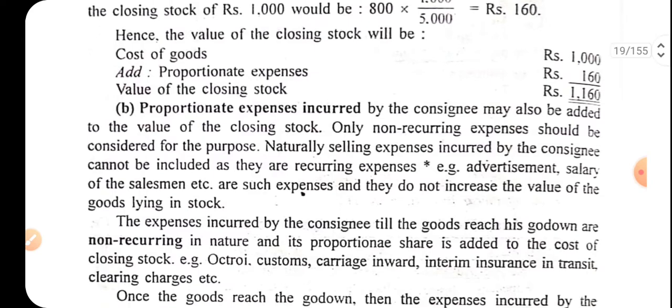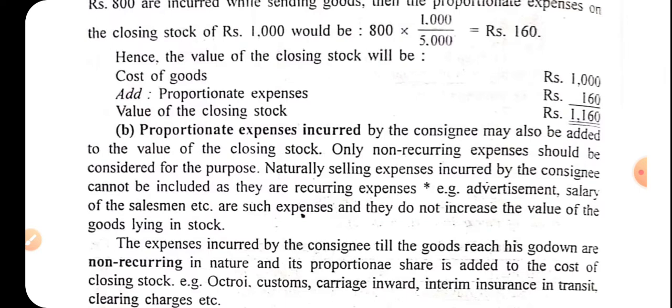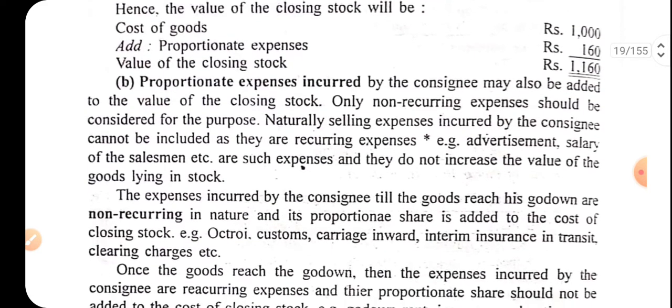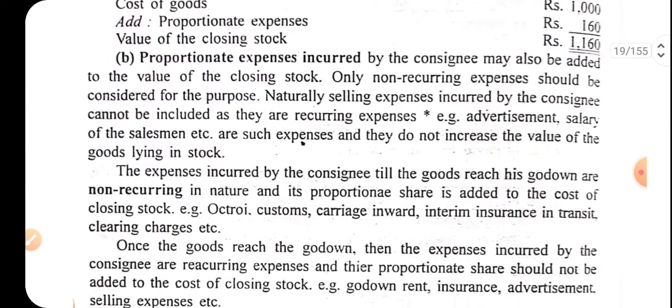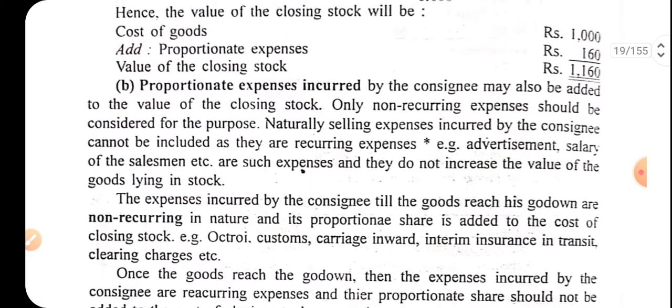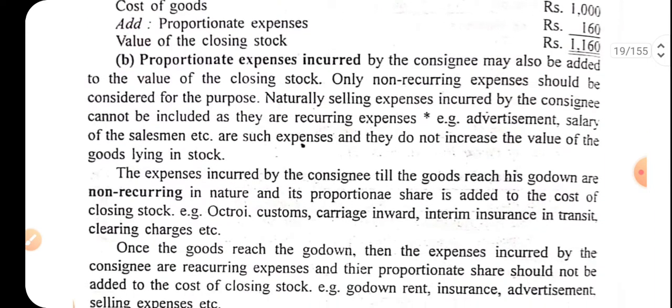So 1,000 is the cost price of closing stock, and the proportionate expense of the consignor is 160. So 1,160 is the value of closing stock including the proportionate expense of the consignor, and the consignee's proportionate expenses also need to be added.